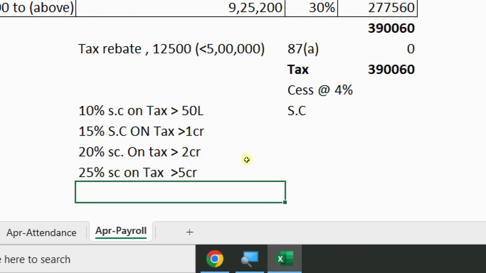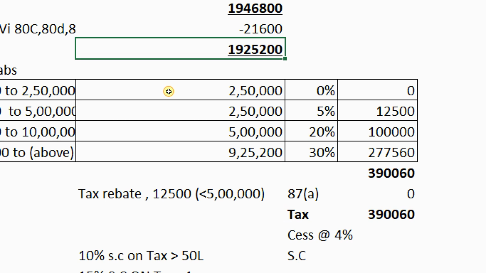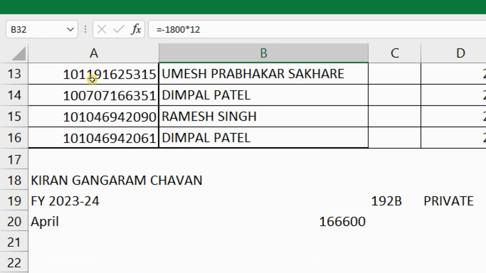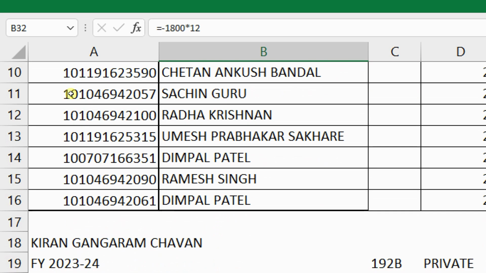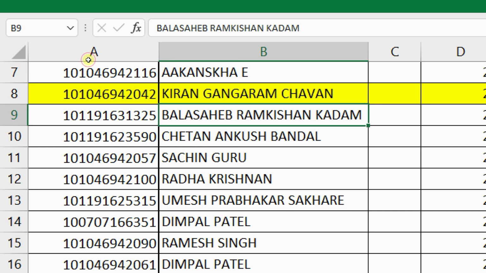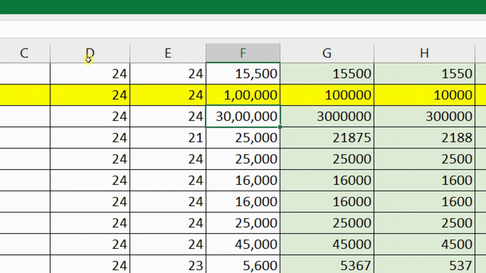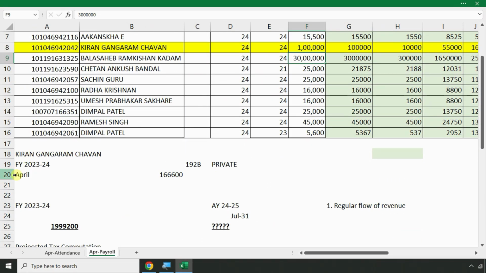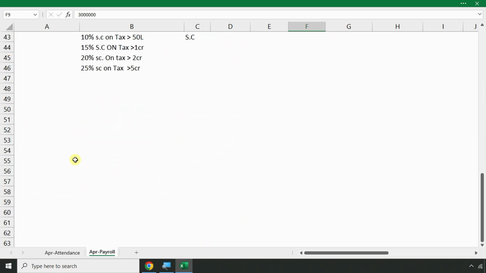This surcharge is applicable to this fellow? He is not crossing 50 lakhs. But whom? See, Bala Saheb Ramkishan Kadam, whose monthly salary is 30 lakhs. So if monthly salary is 30 lakhs, it crosses 5 crore.